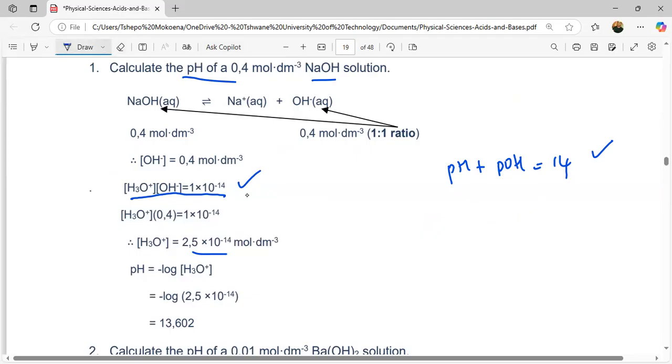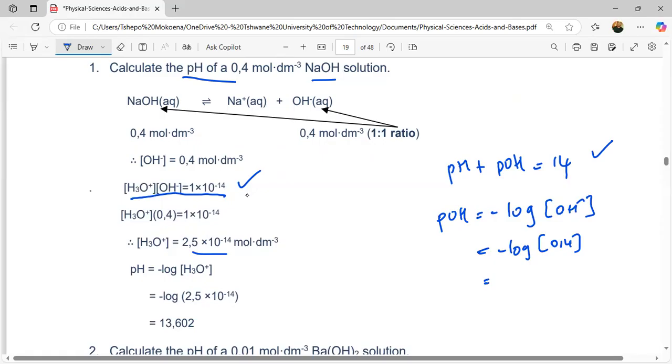You're going to say negative log 0.4. You calculate pOH, which is the same as negative log of the OH minus ion. Then you say negative log, what is the OH minus ion? It's 0.4. What is the answer?